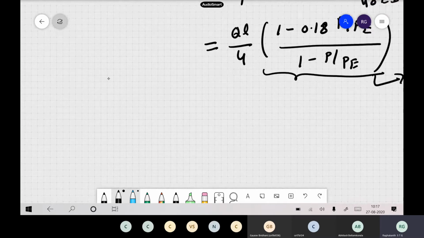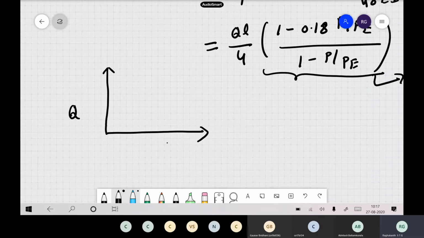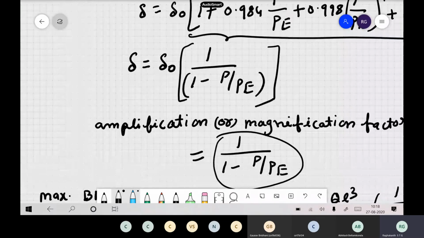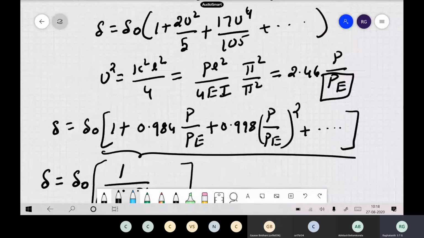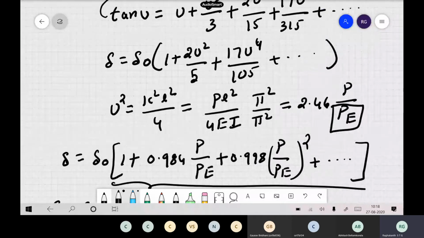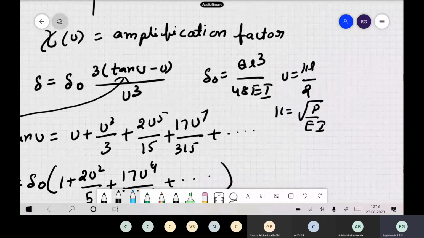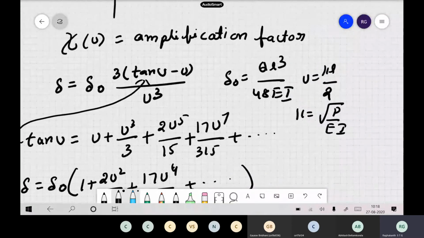For example, if you try to plot the load versus deflection curve, that is Q versus delta, how does this curve look?